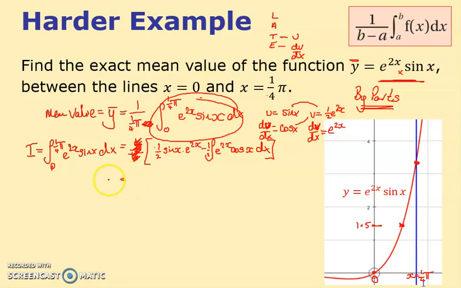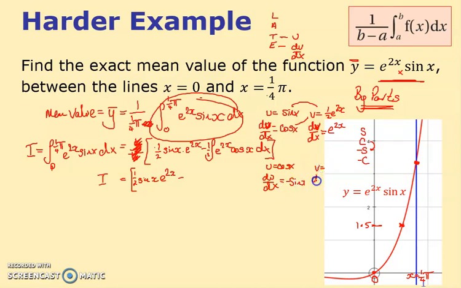Well, I is equal to then, the first bit's fine. It's a half of sine x e to the 2x. Minus, now this is the bit that's not fine. We've got to use by parts again. So this time I say u equals cos x. As I say, du by dx, and you may recall that it goes sine, cos, minus sine, minus cos. So I'm going to get minus sine x here.